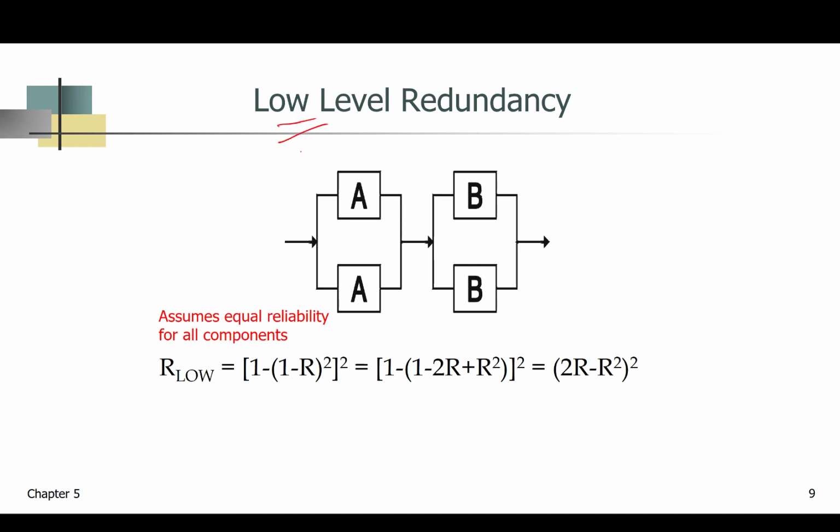Here is a low-level redundancy. Notice we still have two A's, but now they're working in parallel, and the two B's are in parallel, and then they form a series together.